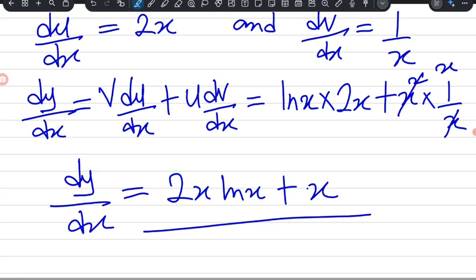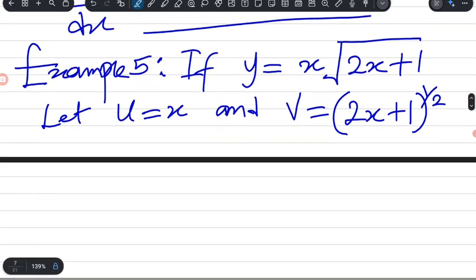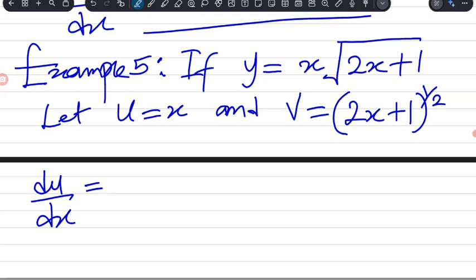So let's still try to do one example more. Now the example 5, it said if y is equal to x root 2x plus 1, let's represent u by x and v by (2x plus 1) all raised to power half. Now let's try to differentiate one by one to have du/dx is equal to 1, and dv/dx will give you 1 over 2.